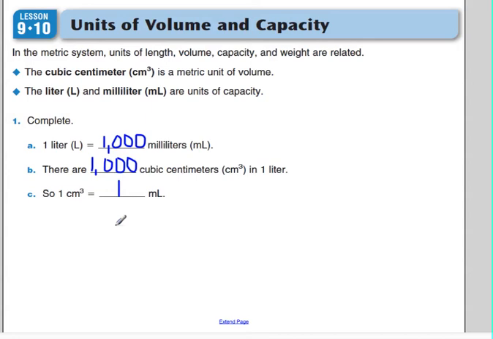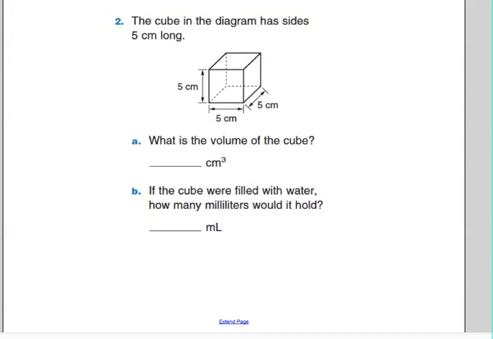So if you figure out the volume of something and say it's 100 cubic centimeters, well then you also know that it has a capacity of 100 milliliters. Notice we don't say milliliters cubed, okay, because it's a little bit different. It's talking about liquid or pourable items. So 1 cubic centimeter equals 1 milliliter.